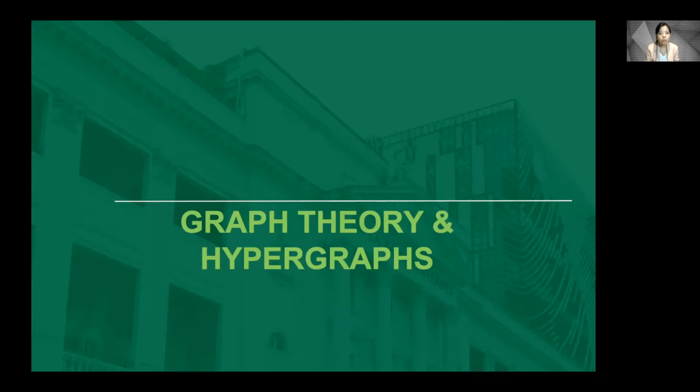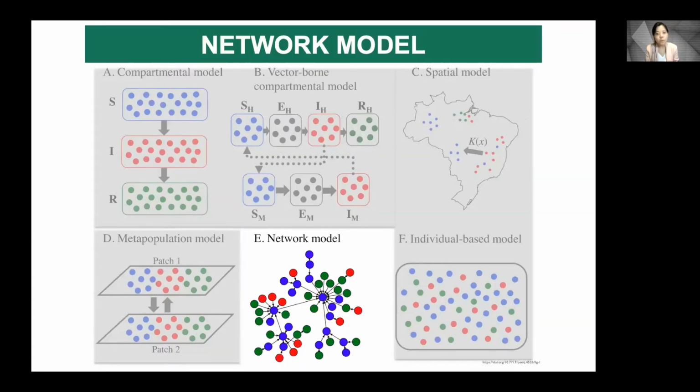Now, moving on to graph theory and the hypergraph approach of modeling epidemic diseases. A network model is formed by at least two basic components, the vertices and edges. The vertices are represented by the circular colored nodes that you can see in the slide, and we have the lines representing the edges.